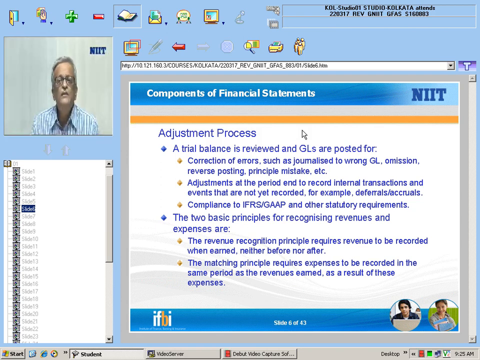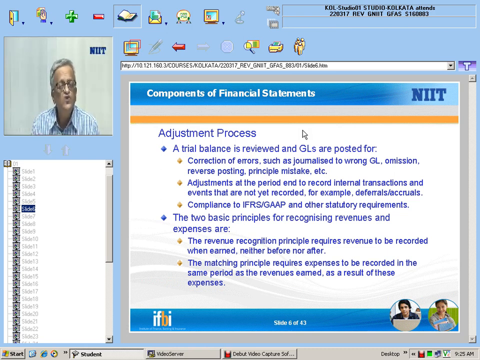A trial balance is reviewed and the GL, that is the general ledger, is posted for, number one, correction of errors such as journalized to the wrong GL, omission, that is any item that is left out, reverse posting, any item which is posted wrongly, principle mistakes, and mistakes in applying accounting policies.